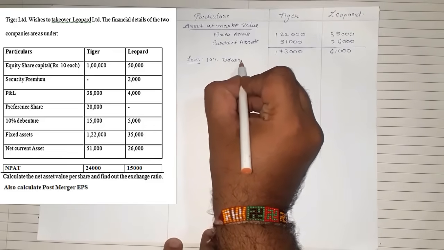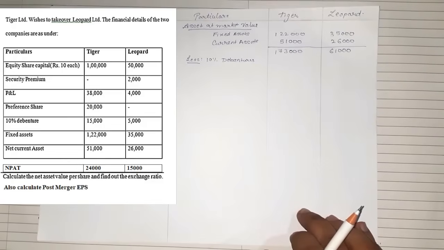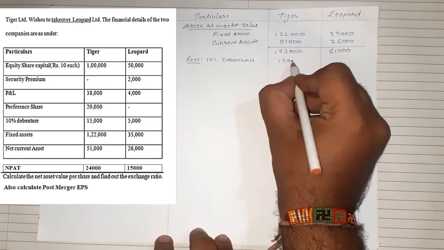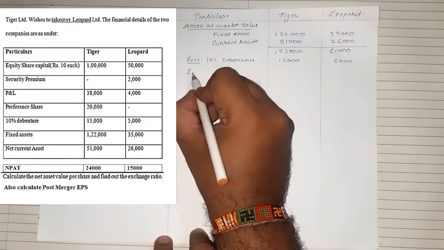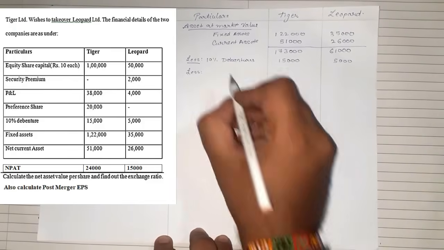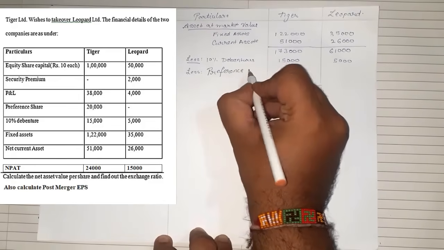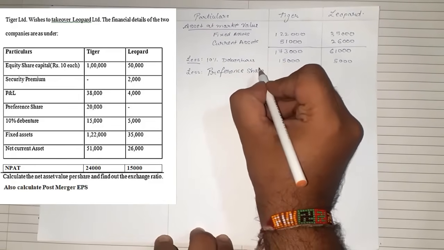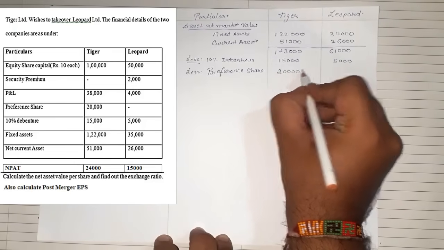The values are 15,000 and 5,000. After that we also have less preference shares. The question has also given us preference shares. The value is 20,000 for the first company, that is Tiger, and nil for Leopard.